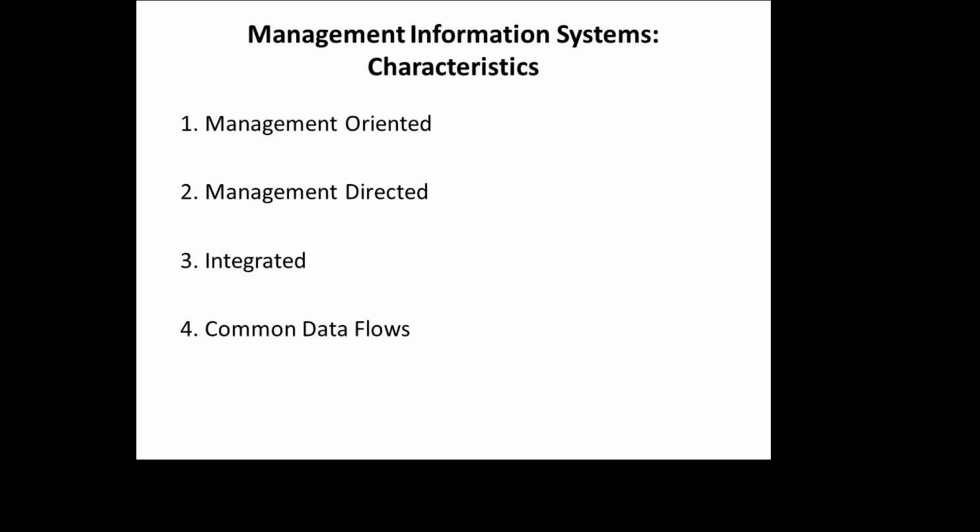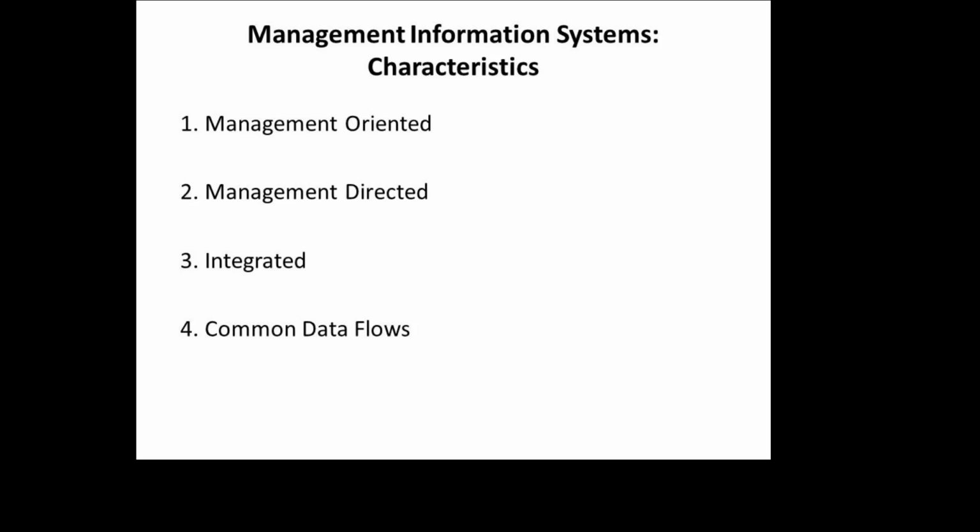Management information system is a means, an effort for the development of information system, starting from management needs, evaluating and appraising the needs of management and the overall business objectives. So based on the management needs and objectives of the business, the MIS would be developed.